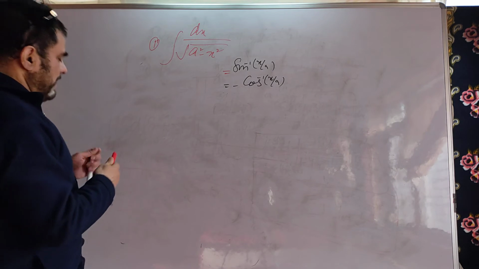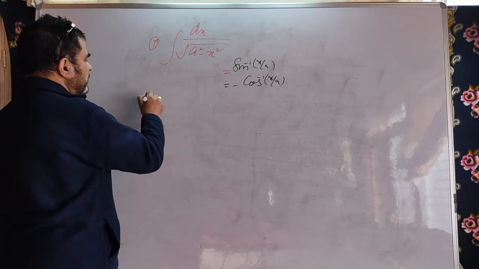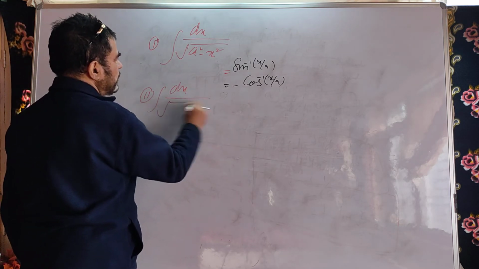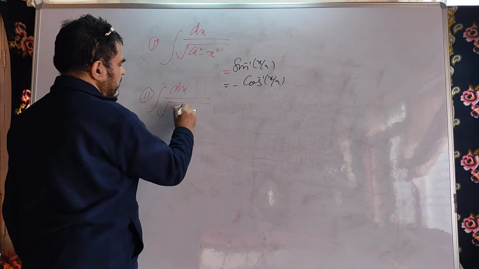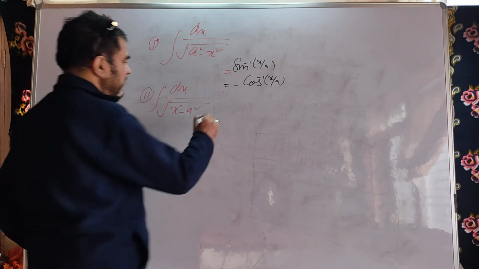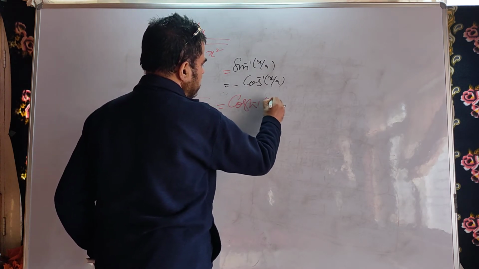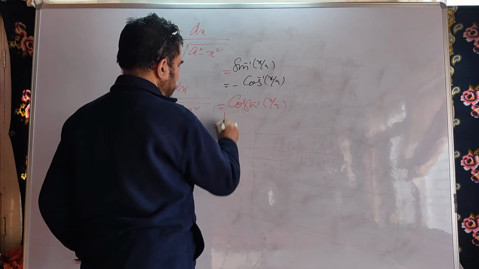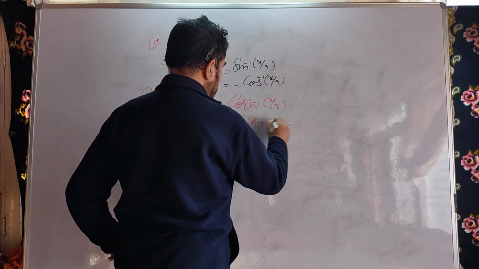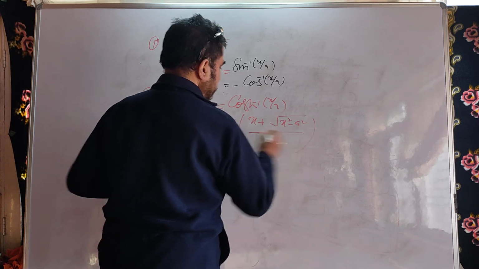You have a root, and just like that you have three more formulae. Integral of dx by root of x square minus a square. What is this now? You did, it is cosh inverse x by a, or you write it as log of x plus under root of x square minus a square by a.